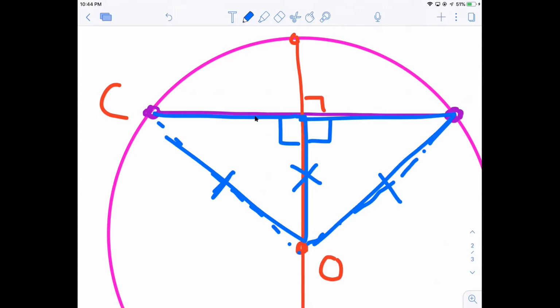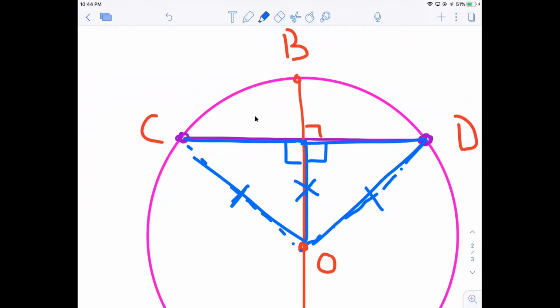So can we use angle, side, side? No, we cannot. You know what that spells. So this is a special case of angle, side, side because it's a right triangle. So aha, that's hypotenuse leg. And I think from there you can see how to write out this proof.